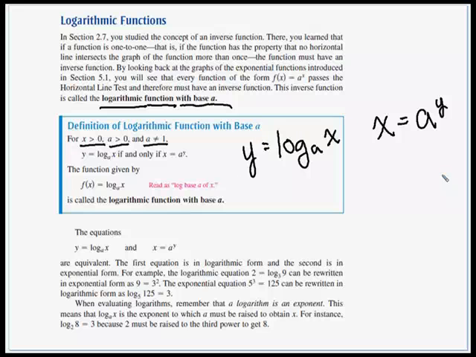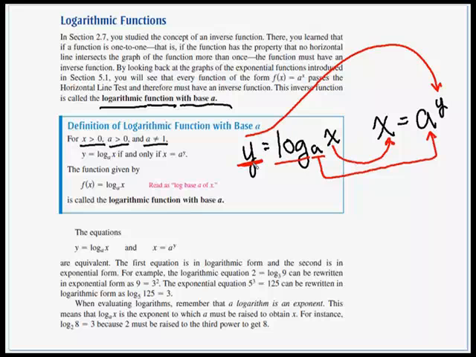When we read this, we read log base a of x. Base a means that is the base of our exponential. y is what this whole logarithm is equal to, and logs are just another way to write exponents. So the value of this is really the exponent y, and it's equal to x. We're sort of just rewriting an exponential in this different form.